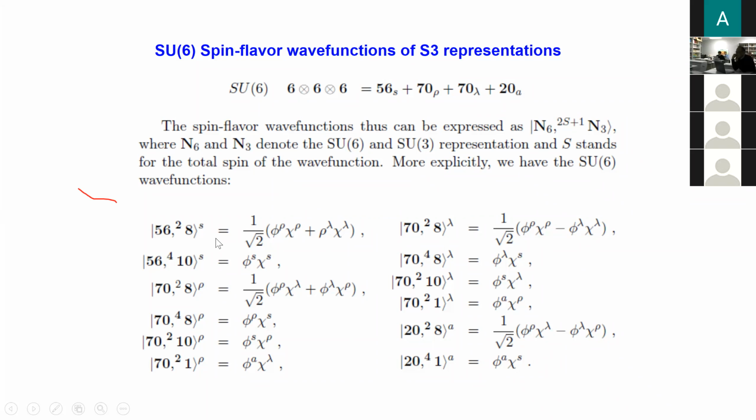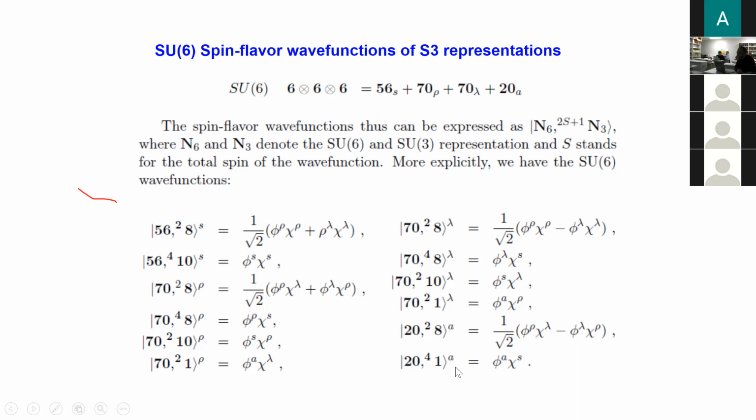For example, for the symmetric wave function, when you interchange any two of the quarks, you have a symmetric wave function that gives you this combination. You have the rho type spin coupled to rho type flavor, oh, this should be lambda, sorry. Rho type spin and flavor that give you symmetric. Therefore, this is a totally symmetric wave function. And you can construct the mixed symmetry, the 70 plet, or the totally antisymmetric 20 plet.